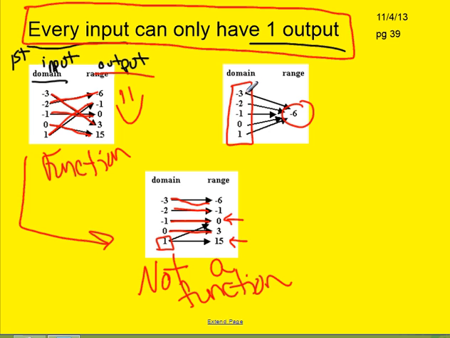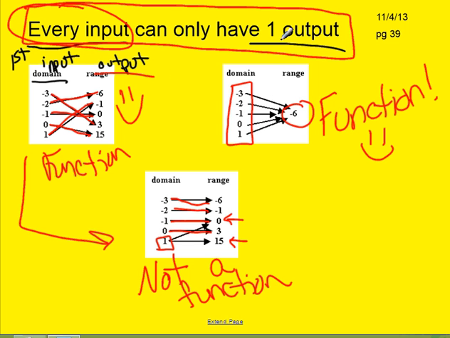If you put -3 into this machine, you're going to get -6 every time. -3 only goes to -6. Same with all of the other numbers in my input. So that means that this one is a function, because every single input only has one output.